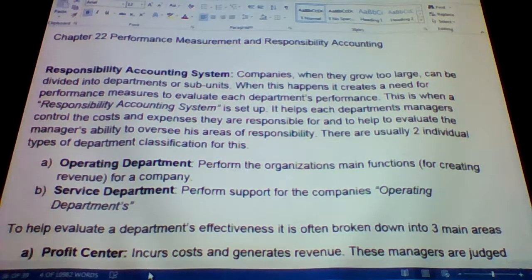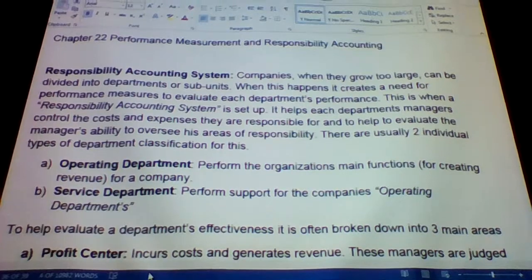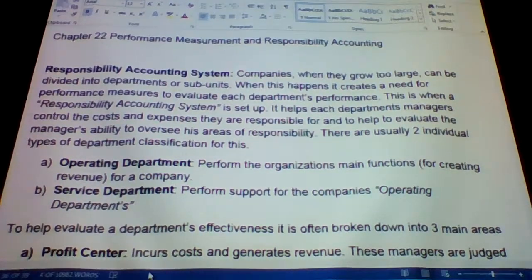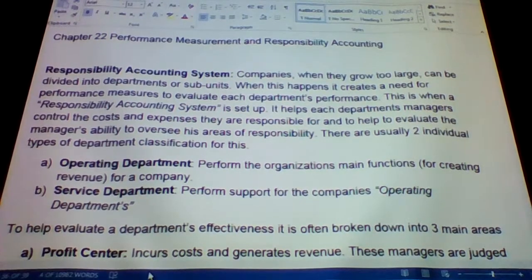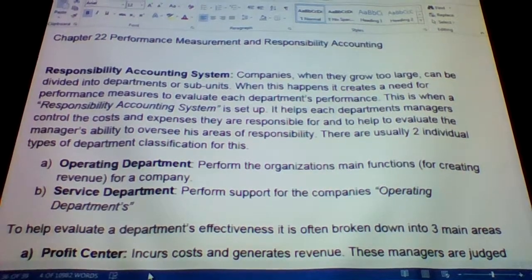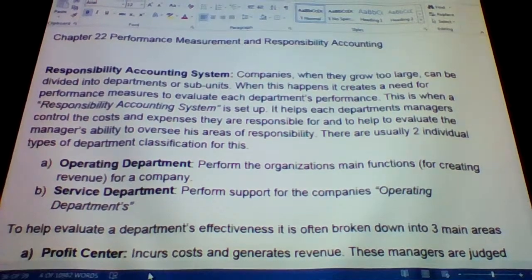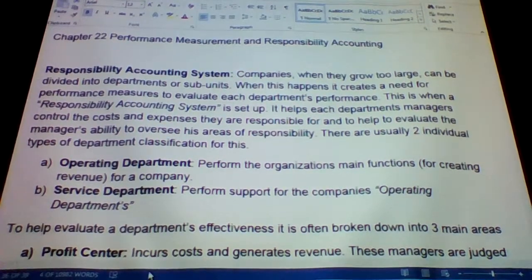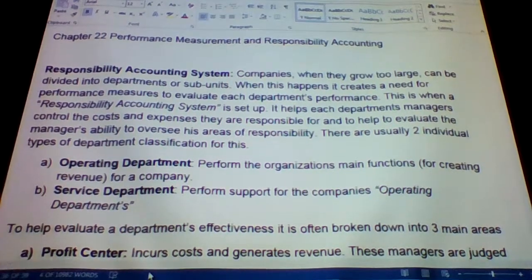There are usually two individual types of department classification for this. Now, we've been talking a lot in the last few chapters about budgeting and gauging managers' performance. One of the big things about budgeting is getting the cooperation of the people who are involved in that department.